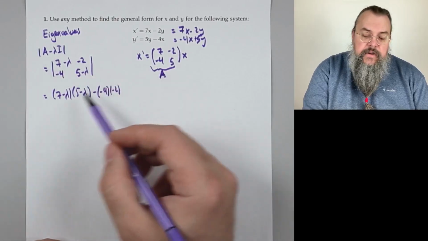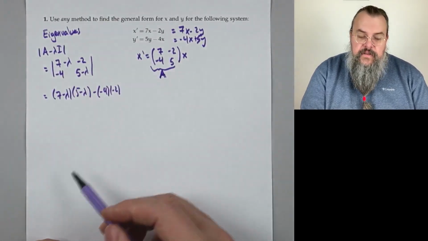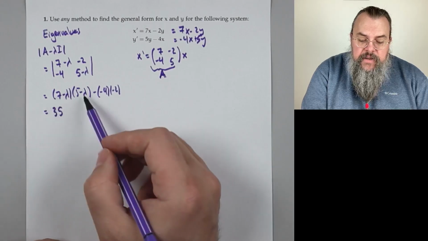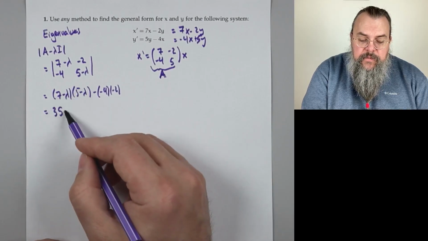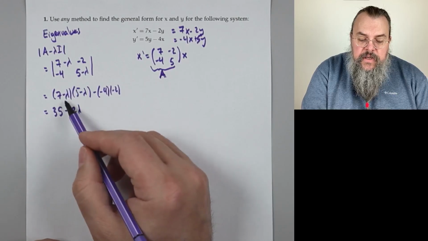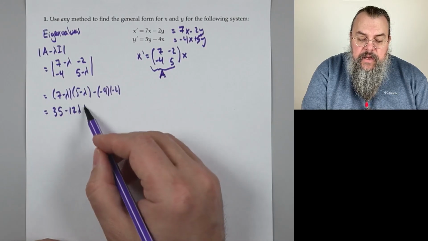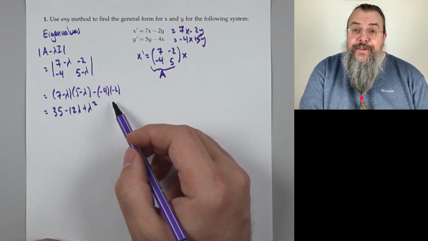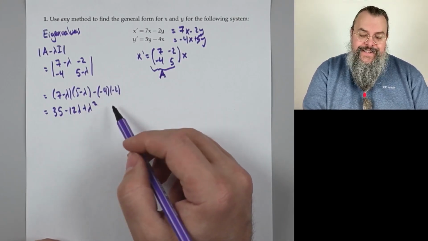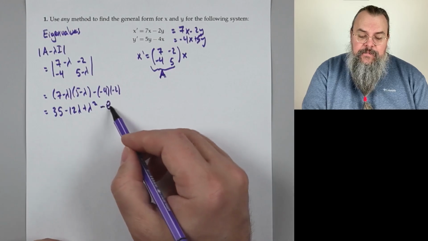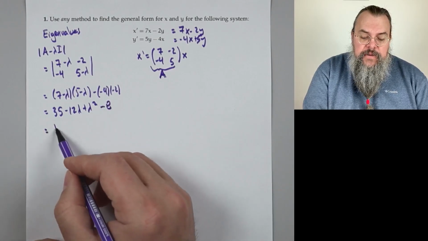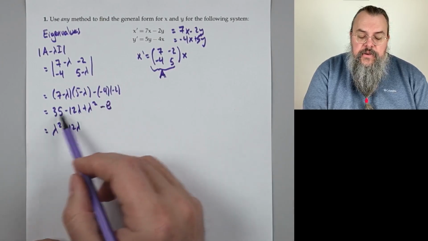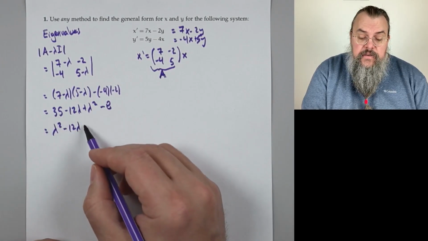Right, down the diagonal, subtract up the other diagonal. Well, multiplying this out, that's 35, minus 7 lambda minus 5 lambda makes minus 12 lambda. Then minus lambda times minus lambda is a lambda squared. Minus times minus 4 times minus 2, 3 minuses end up with 1 minus at the end, and that's minus 8. So we have lambda squared minus 12 lambda, and here 35 subtract 8 is 27.